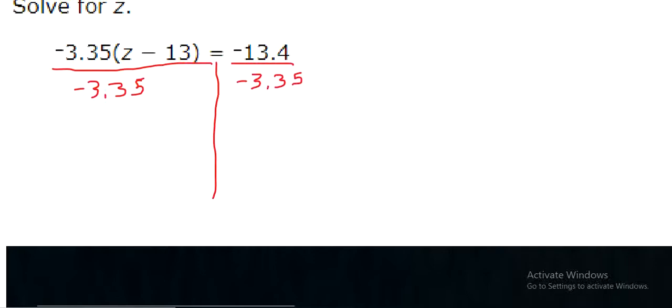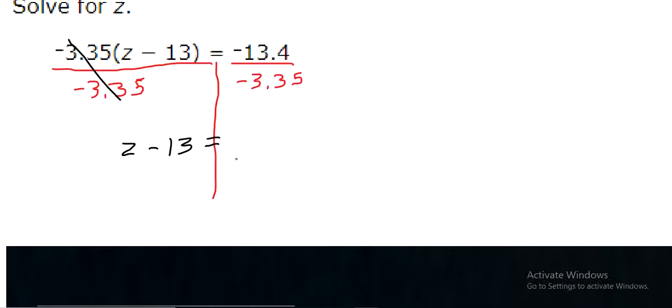So over here, that will give us, well, these will cancel out. We'll be left with z minus 13. So here, I don't really need the parentheses anymore because everything that was outside of parentheses got canceled out. So I don't need those anymore.